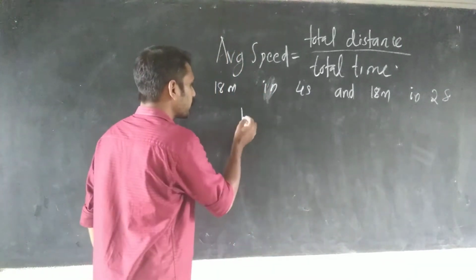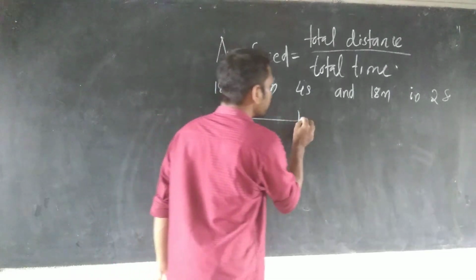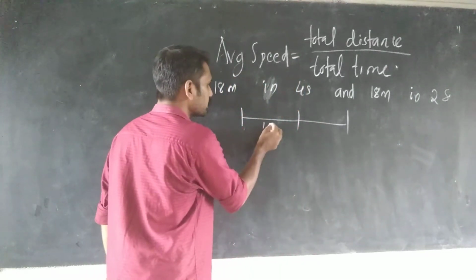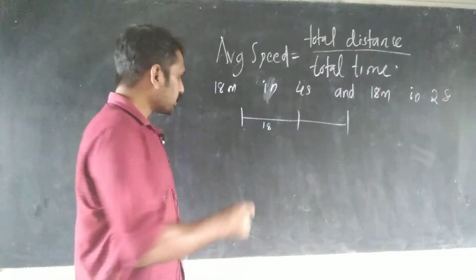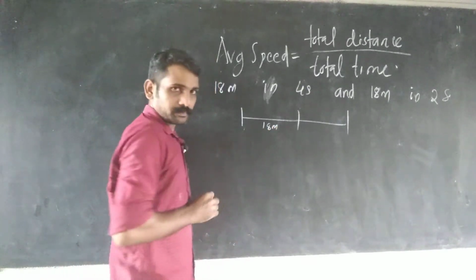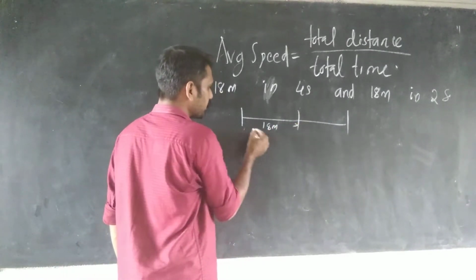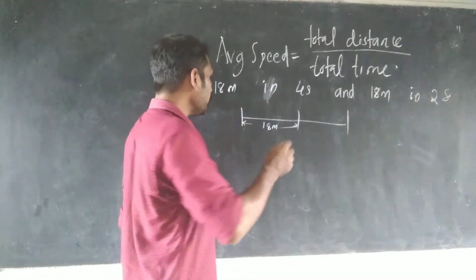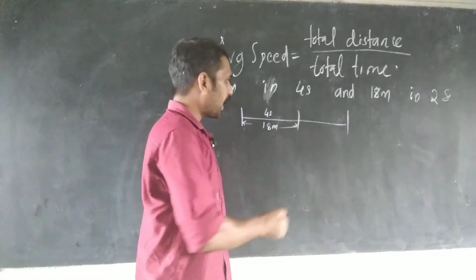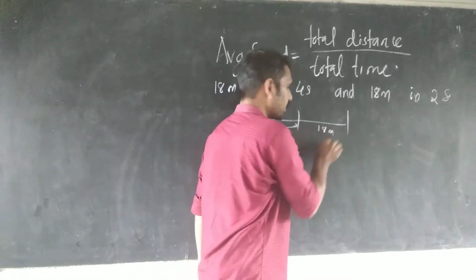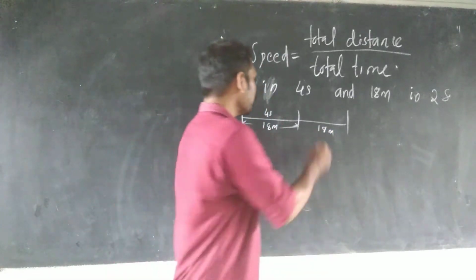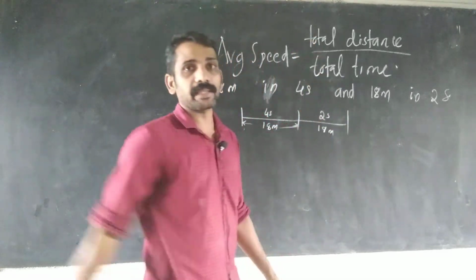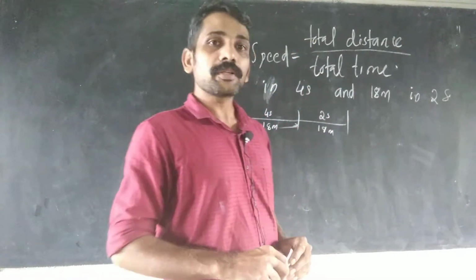Suppose we can represent this problem with a diagram. The object travels 18 meter in 4 seconds and another 18 meter in 2 seconds.